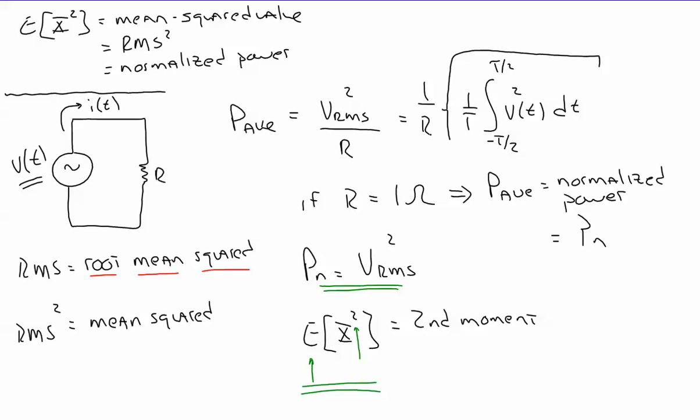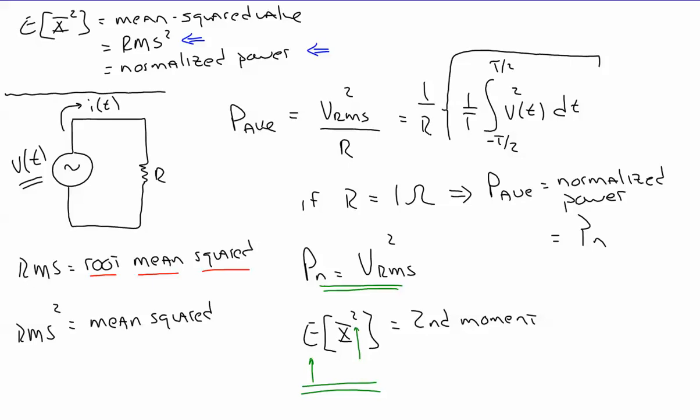It could be a random voltage, maybe a noise voltage, that's resulting in power delivered to some load resistance R. So for this reason, my second moment is sometimes known as the RMS value squared, and by analogy to my circuit example, it's sometimes known as the normalized power.